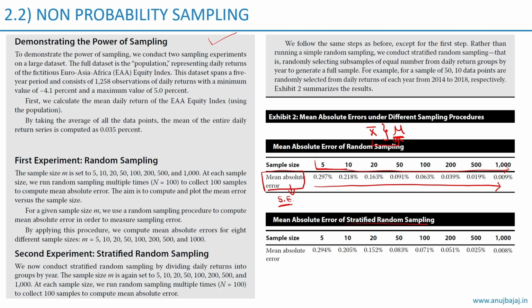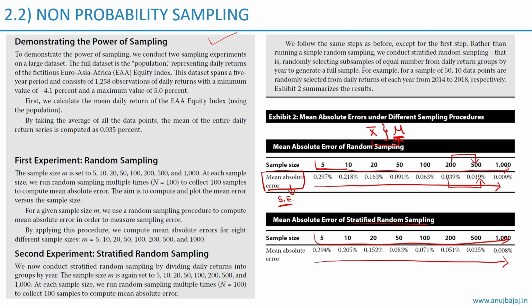Similarly, in the case of stratified random sampling, as the sample size increases, the error keeps on decreasing. But there comes a certain point where the analyst needs to decide between the increased accuracy from increasing the sample size versus the increased effort and cost.